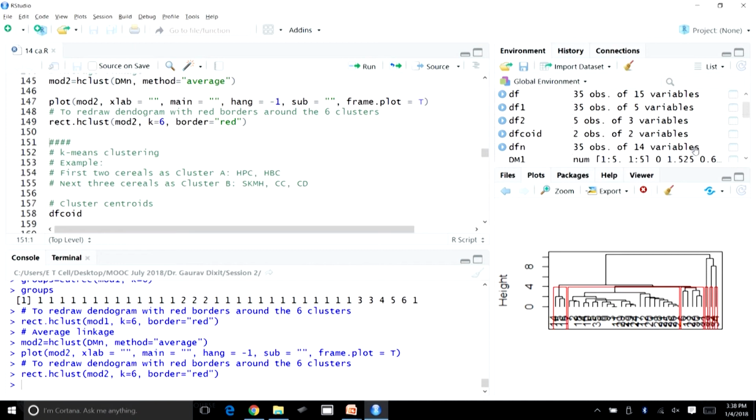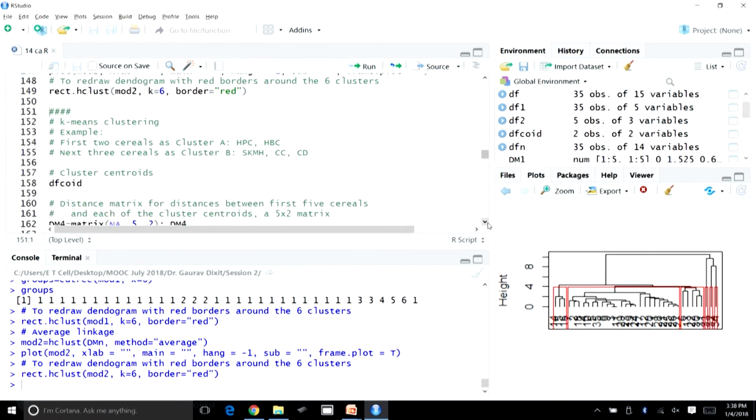So, within this, we just consider the first 5 cereals like we did in HAC. In this example, we are going to consider just the first 5 of these 35 observations, and we will also consider just 2 variables, rating and price.